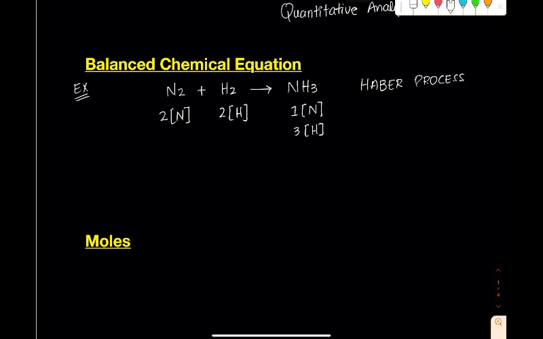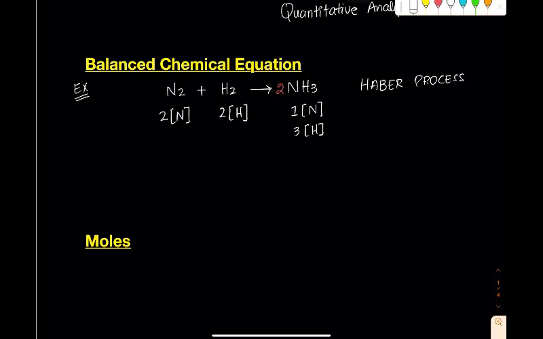So we need to balance the amount of nitrogen and hydrogen on each side. How do we balance the equation? The only rule to balance the equation is to make the odd one even. Here the odd one is ammonia. If we multiply it by 2, that becomes even.